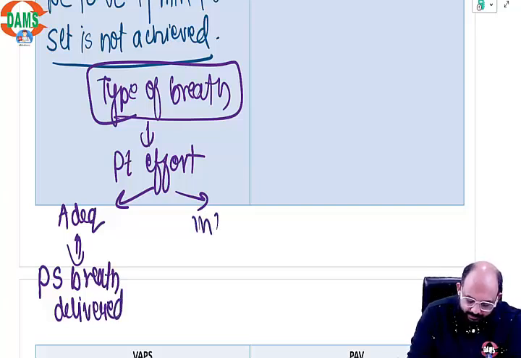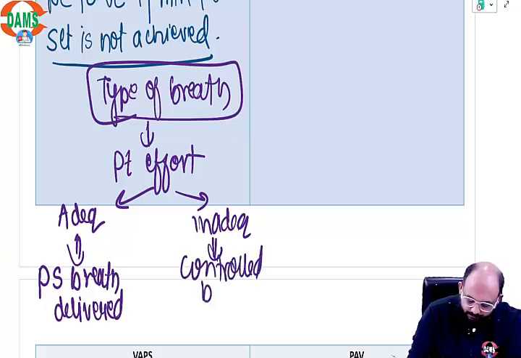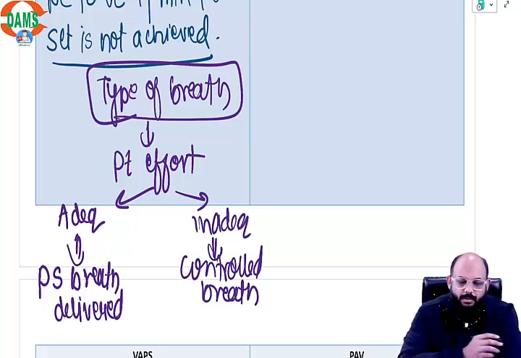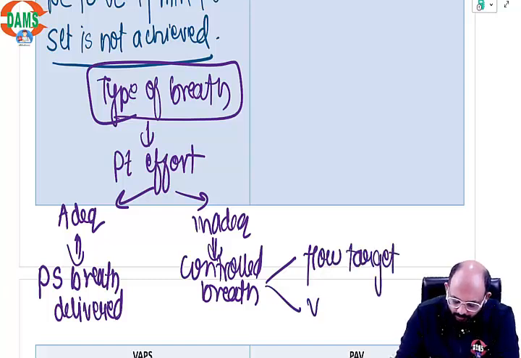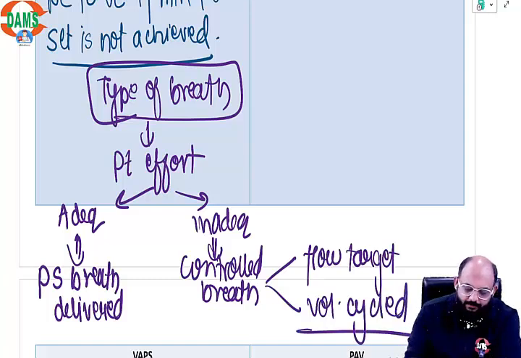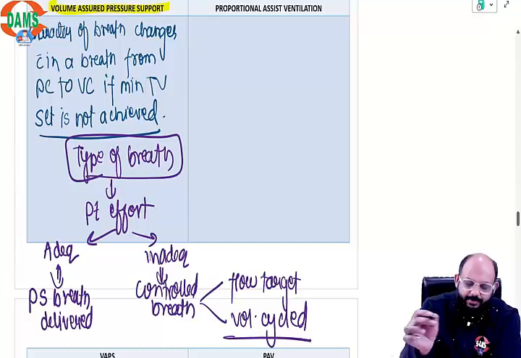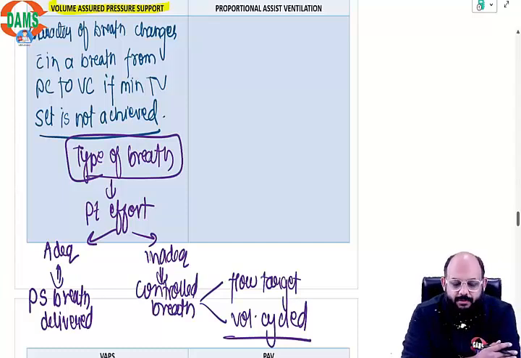If the effort is inadequate, then you have a controlled breath that is delivered. And in the control breath also you have the option of flow target and volume cycled. So inside the breath also you can change the characteristic of the breath.